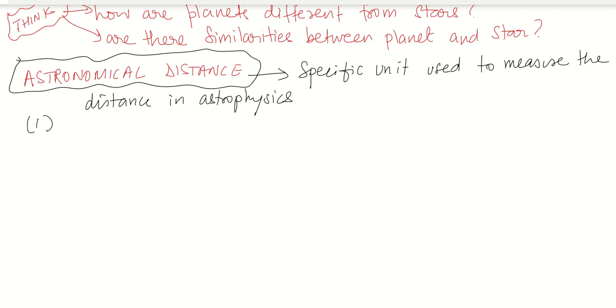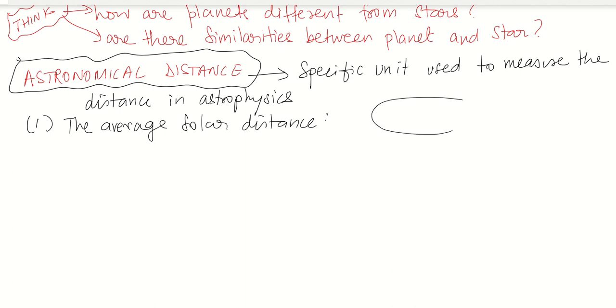One can be the average solar distance. That means the distance of sun from earth, but average. Why are we taking average? We take average because the path of the earth is not fixed. You see, this is sun and earth is here, then earth is here, then earth is here. So the distance of the earth keeps changing, right? So you find the average distance here.